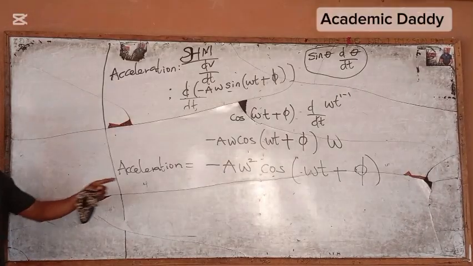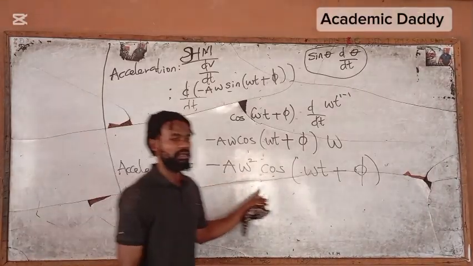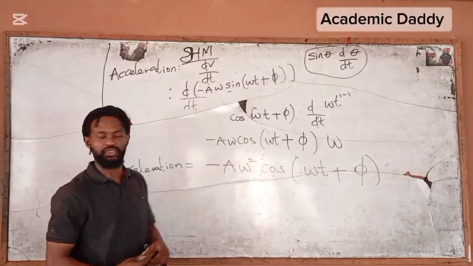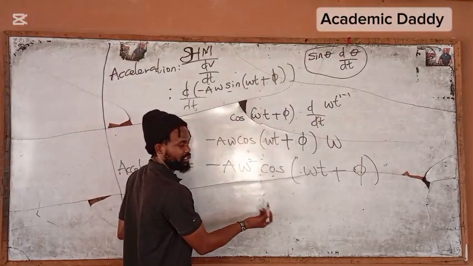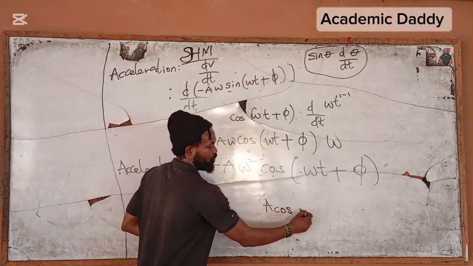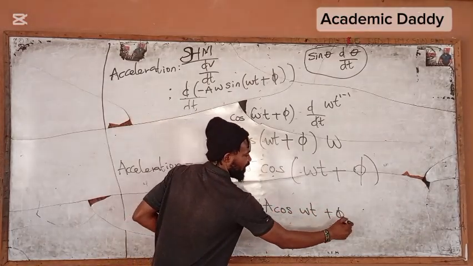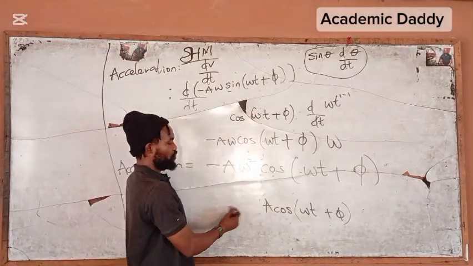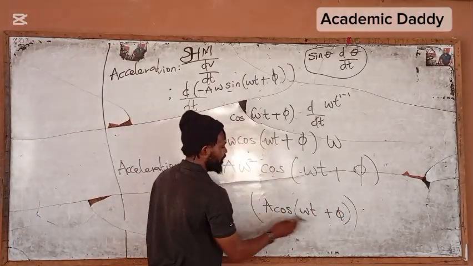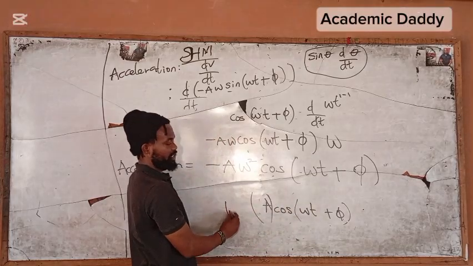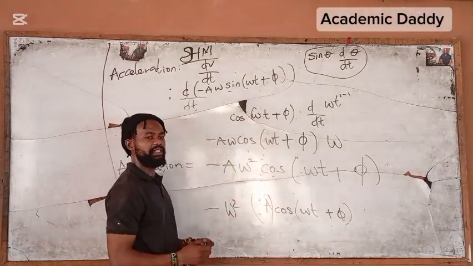If you look at this very well, it is still looking like your displacement. A shortcut I normally give my students is that if you know that displacement itself is A cos(Wt plus phase angle), then the acceleration is simply you coming to say that this particular A here has a W squared outside with a negative sign.